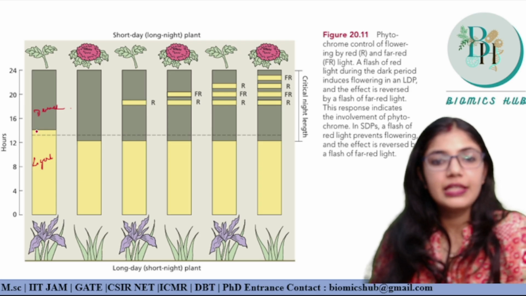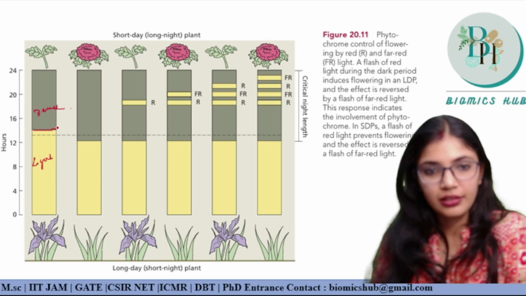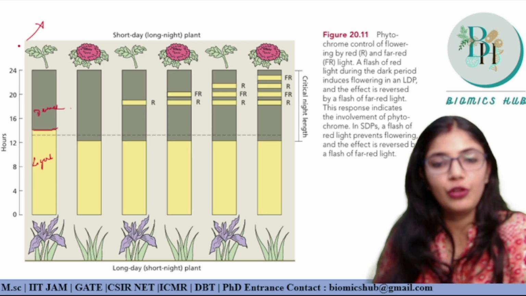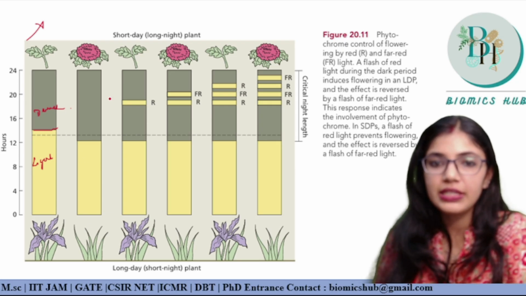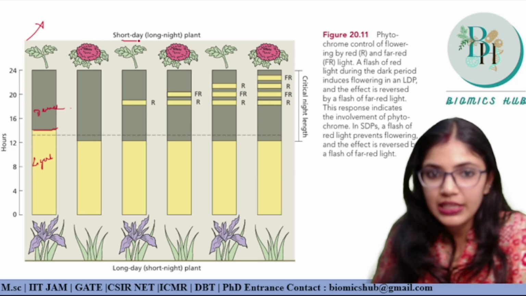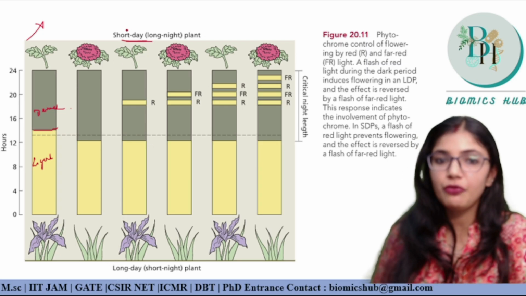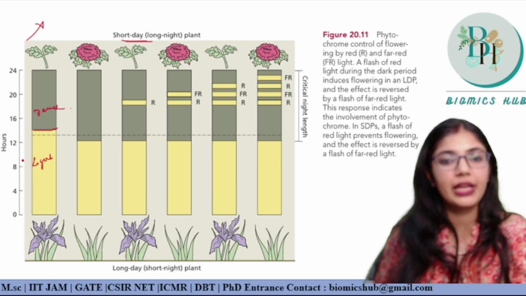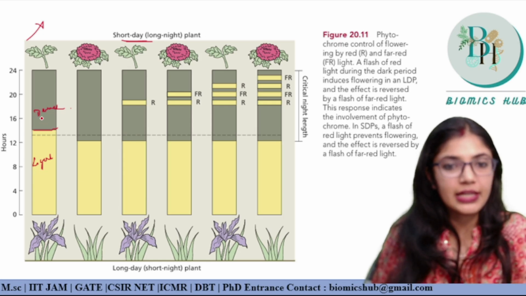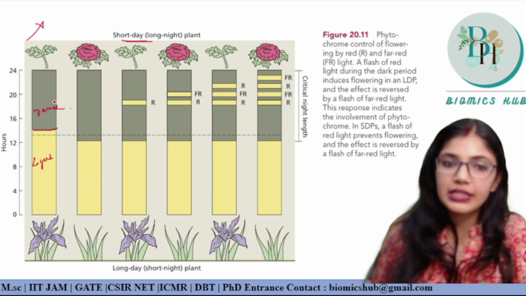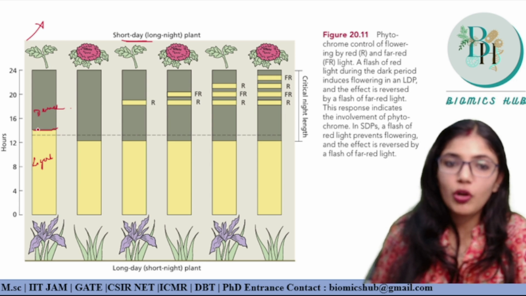So if it is having more light, that means there will be no flowering. In this case, we will see this upper portion is the condition of short day and the lower portion is the condition of long day. So first of all, we will see how the short day is regulating. So this is light and this is the dark. In this case, we are having less amount of dark condition.